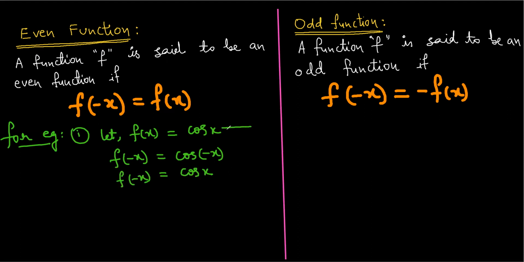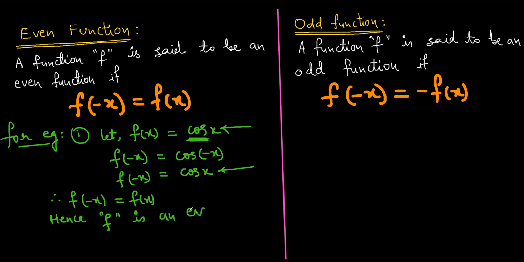So f of minus x equals f of x in this case, because it is the cos function. Hence you can say f is an even function.